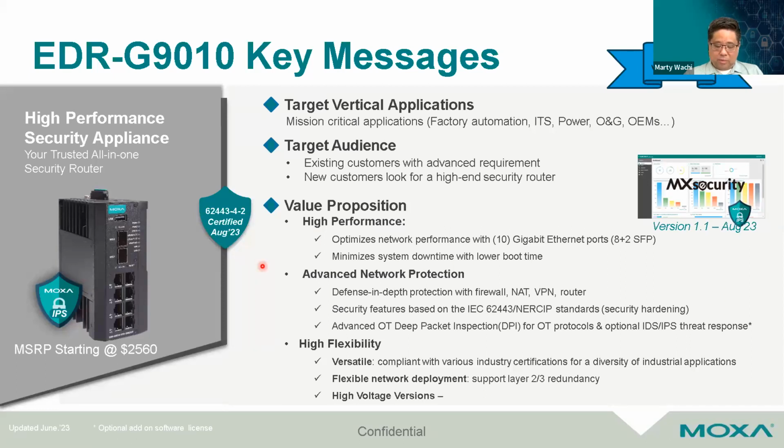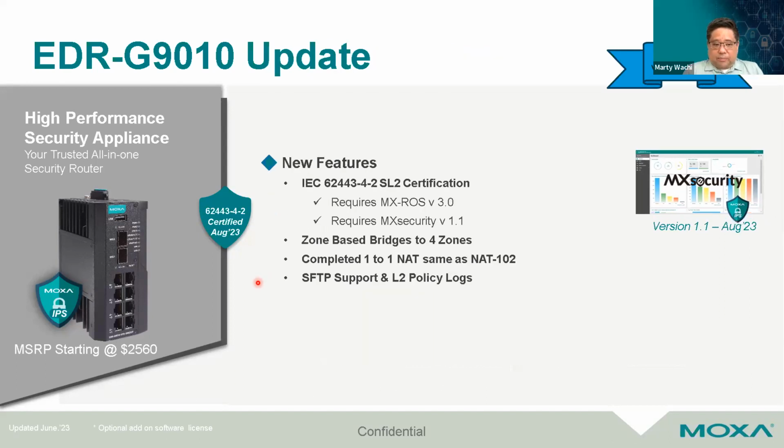So that will complete our networking products of the 4000 series switches, the new next generation access points that Felipe just mentioned, and now the EDR G9010, all with 62443-4-2 certification.